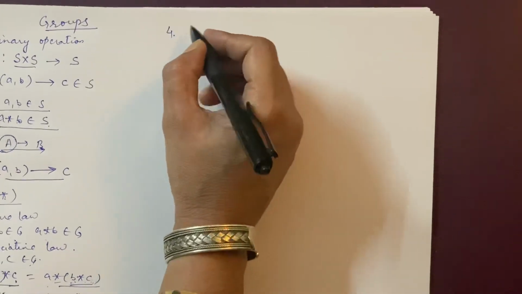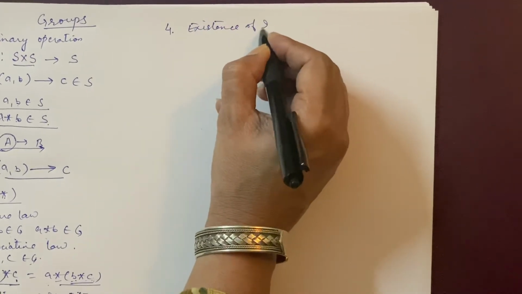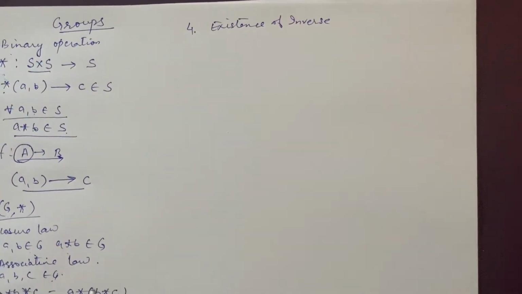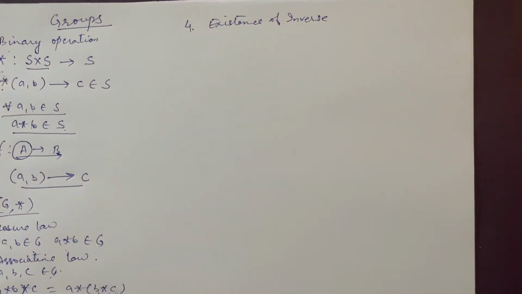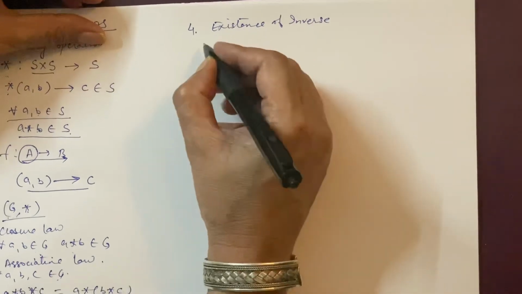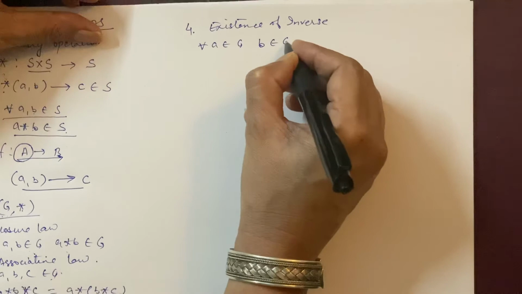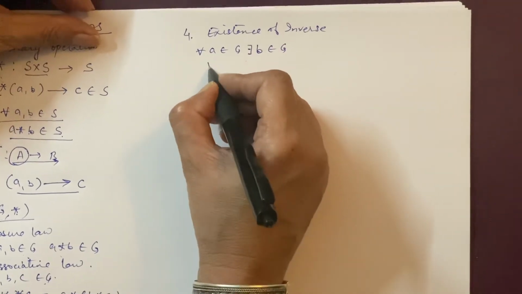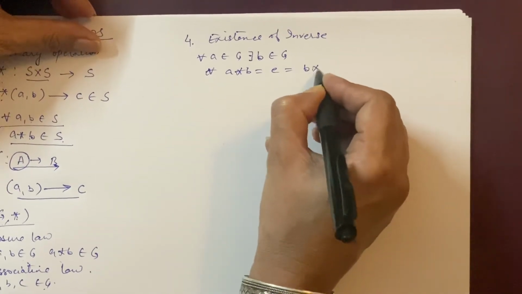Fourth is the existence of inverse. We come to this step only if we can find the identity. If there is an identity, then we will move to inverse, and if there is no identity, it means the set G is not a group. Existence of inverse means for all a belonging to G, there exists b belonging to G such that a star b is equal to e is equal to b star a.